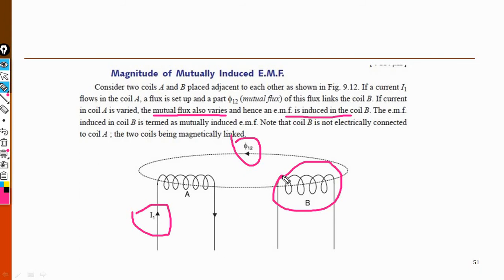It depends on two coils, coil A and coil B. Current I1 flows through coil A, and its effect reaches coil B with the help of the mutual flux phi 12, and finally EMF gets induced in coil B, which is called mutual induced EMF.